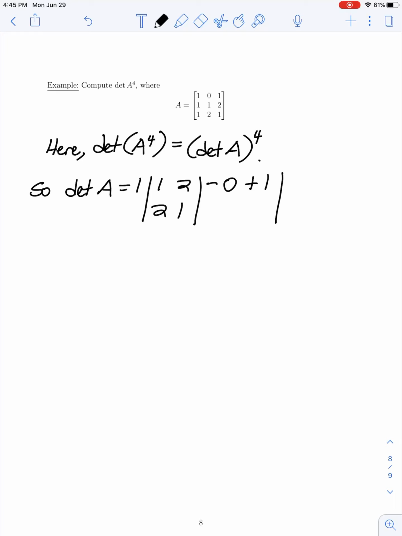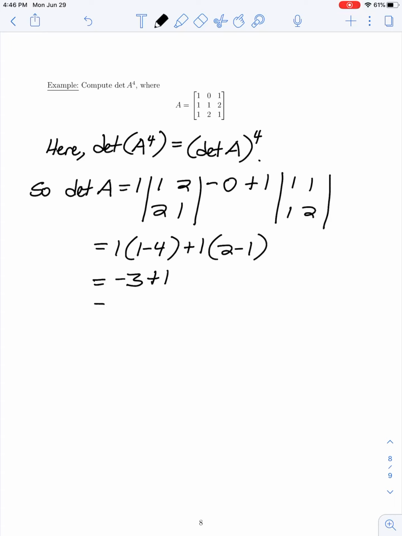And then plus 1 times the determinant of 1, 1, 1, 2. So we're left with 1 times 1 minus 4, minus 0, plus 1 times 2 minus 1. So we're left with a negative 3 plus 1, or negative 2, for our determinant of A.